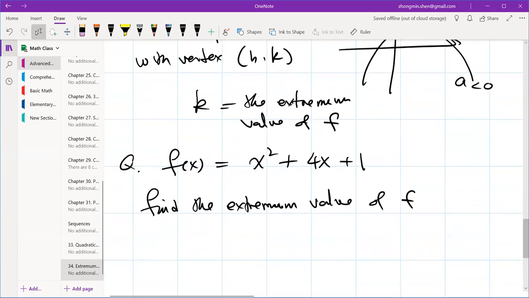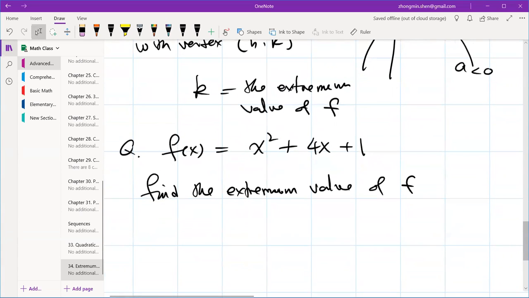Forget the 4x plus 1. If it's just x squared, you know that this function is never negative. So 0 is going to be the smallest value. So it has an extreme value immediately. Extreme value means the value can be reached by the function, but there's no number larger than or smaller than that number.